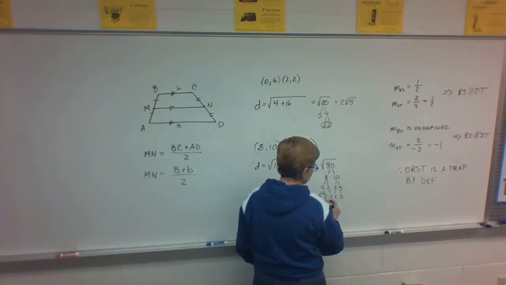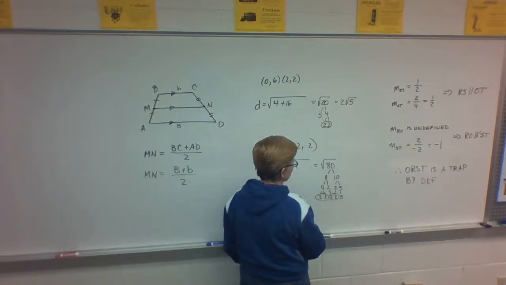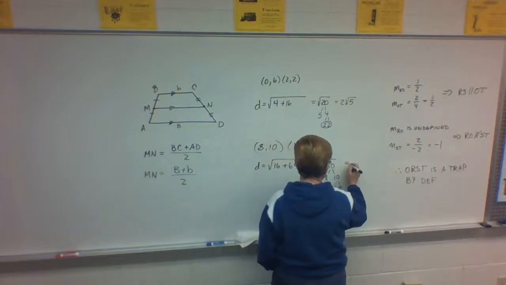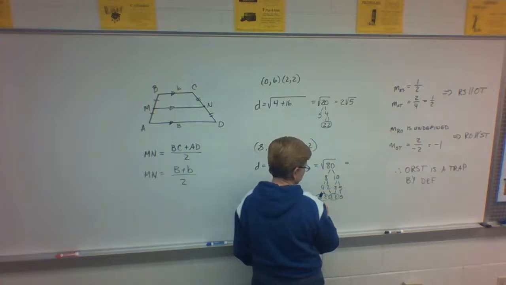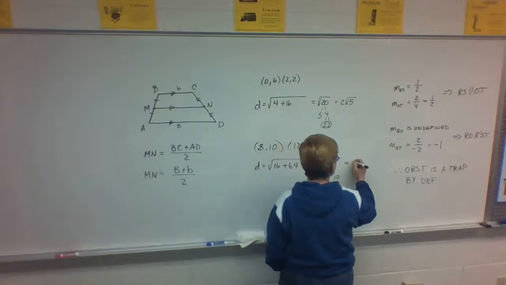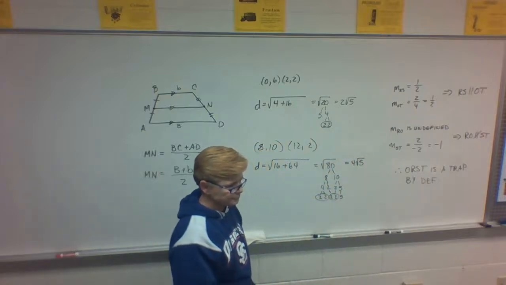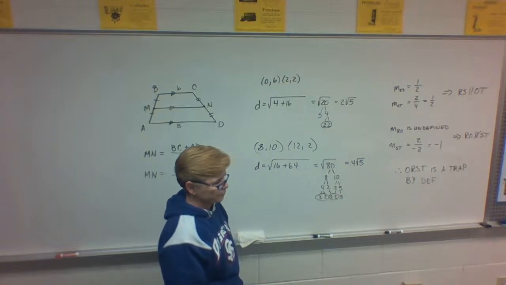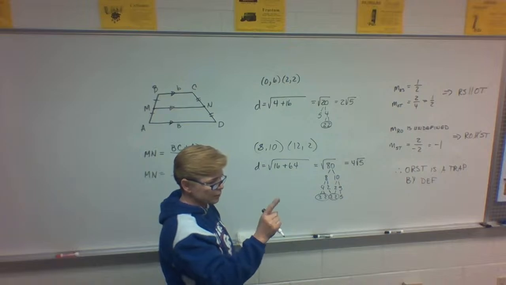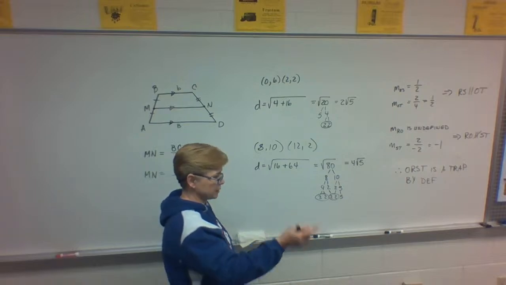Here's a pair of 2s, and there's a 5 left over. And so this length right here is 2, which comes out, times 2, 4 root 5 is the length of that one. So it only works if there's 2 pairs of it? No. If there's one pair, every time there's a pair of factors, one of them gets to come out.